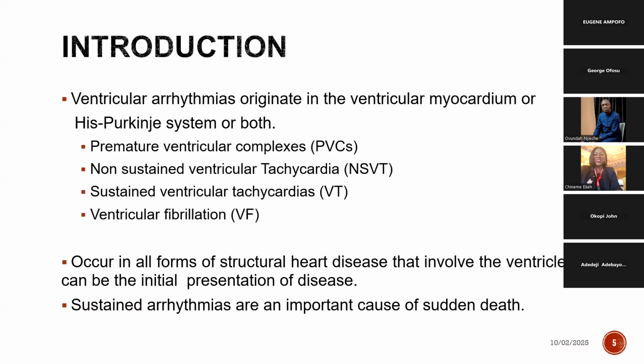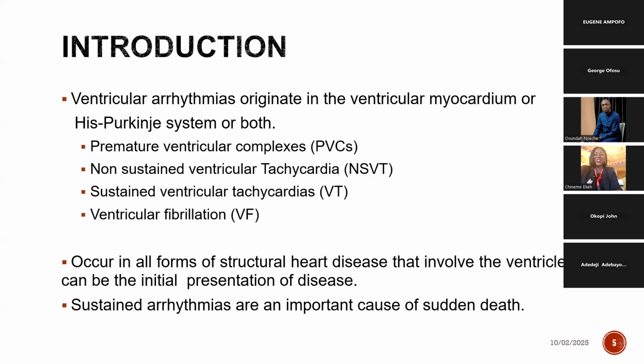We have various forms: premature ventricular complexes, non-sustained ventricular tachycardia, sustained ventricular tachycardia, ventricular fibrillation, and also ventricular flutter. It occurs in all forms of structural heart disease that involves the ventricles and can also be an initial presentation of the disease.